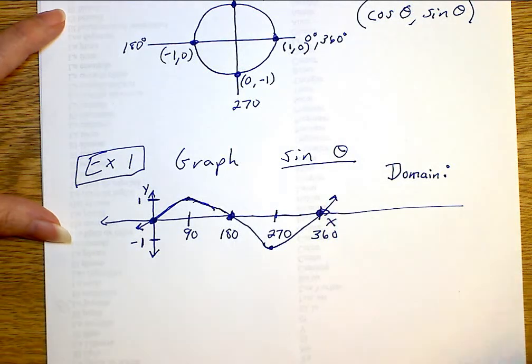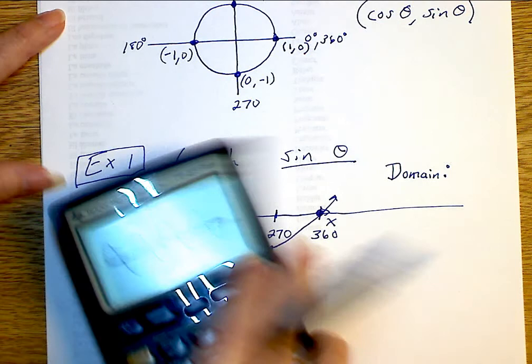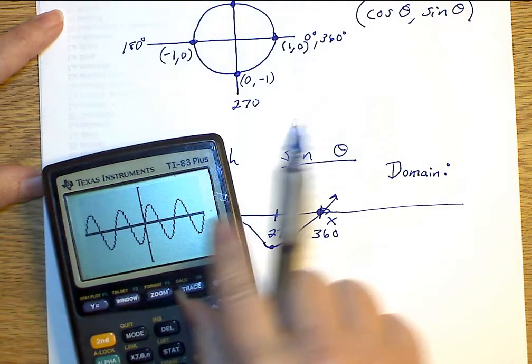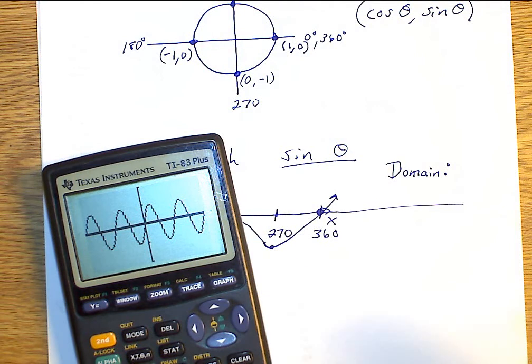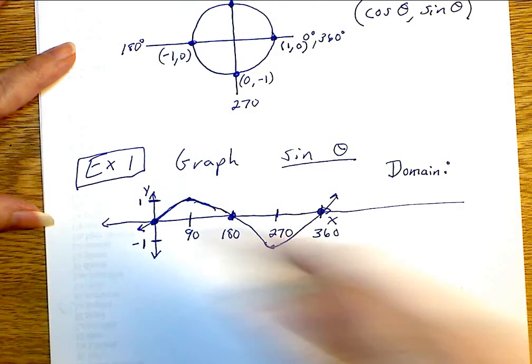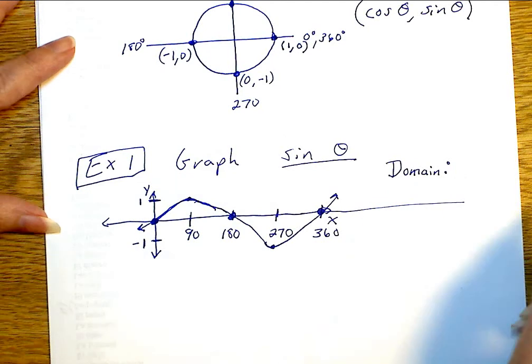It continues. If I were to stretch this and, instead of going from -720 to 720, I could go -1,000 to 1,000, -2,000 to 2,000. I could keep going, right? Negative to positive. It's going to keep going. So what would be my domain? All real numbers.